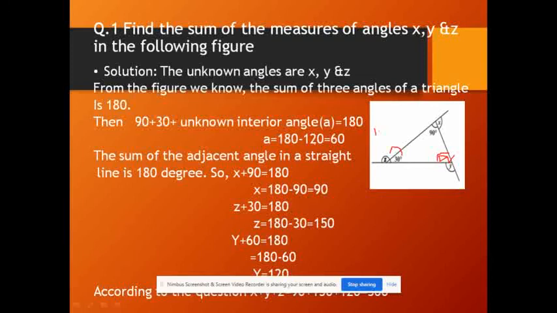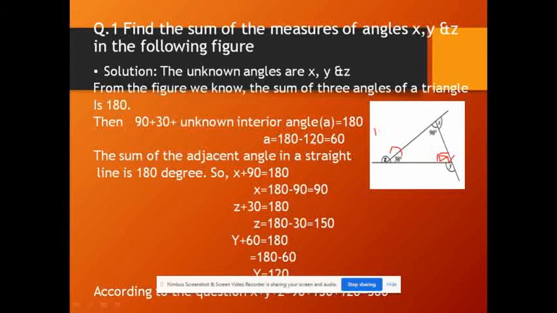The sum of adjacent angles on a straight line is 180 degrees, so x and 90 are linear pair angles. So x plus 90 is 180 degrees. x is equal to 180 minus 90, which is 90 degrees. Then at the other vertex, z plus 30 is equal to 180 degrees.